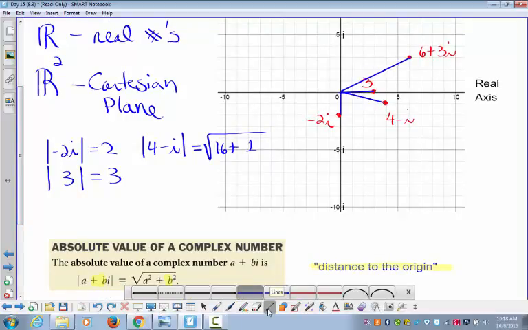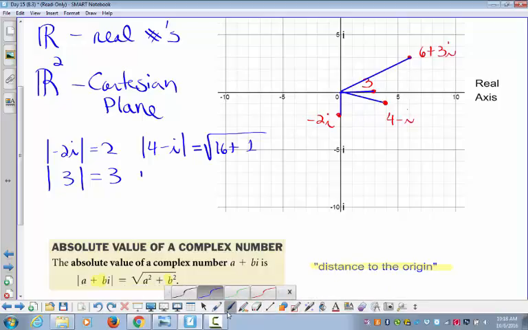And then 6 plus 3i, the magnitude of that. Oh, and I didn't finish this off. Square root of 17 is that distance. Can't simplify that. The distance here would be 36 plus 9. That's the square root of 45. That can be simplified. That's 9 times 5.